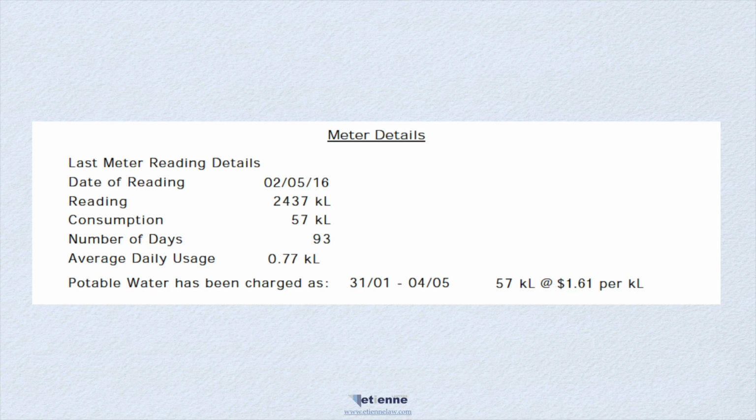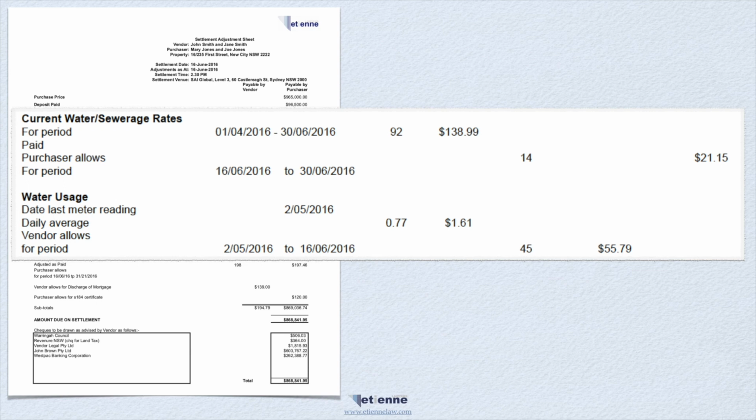We use the average figures and have the vendor compensate you for the time they will be using water for which you would otherwise have to pay. Using the average figures, we adjust for water usage. You can see that these are the particular lines that we add to the settlement adjustment sheet for current water and sewage rates and water usage.